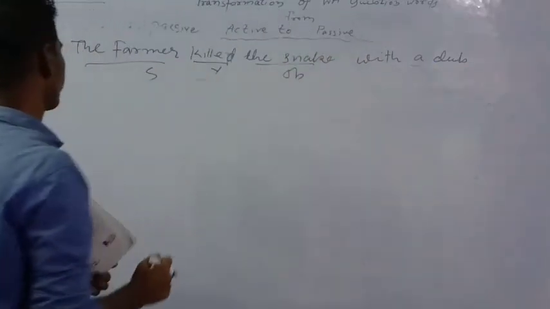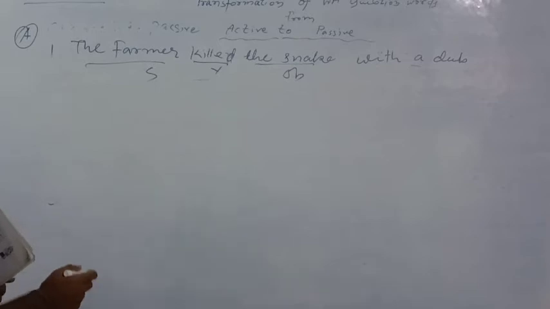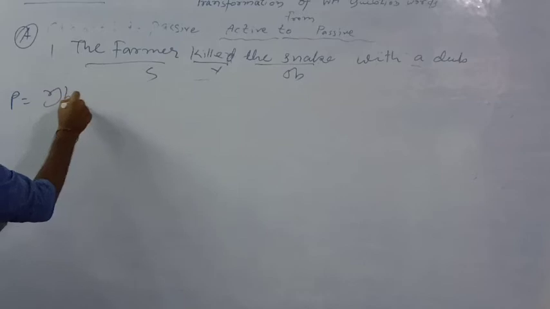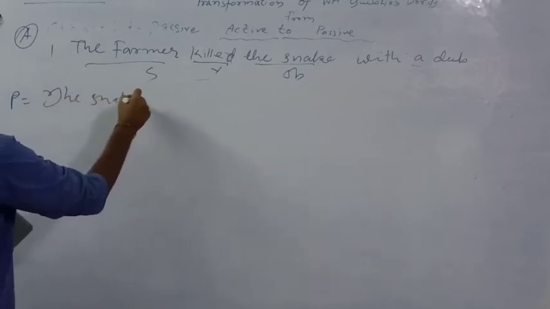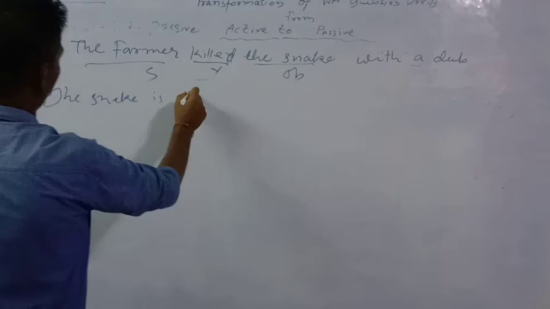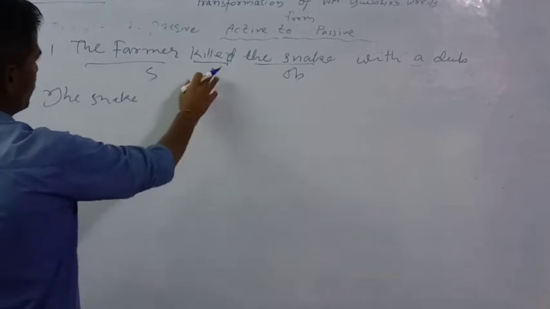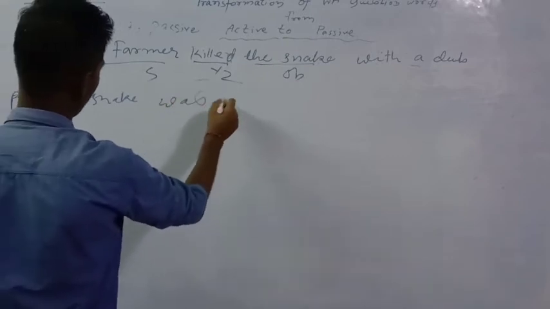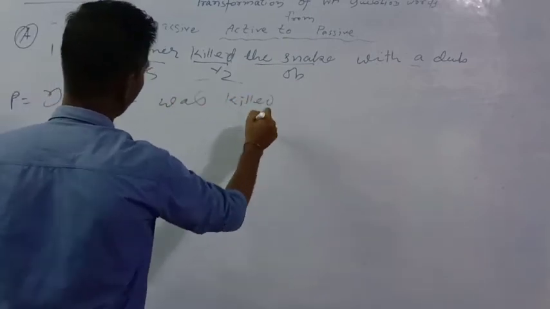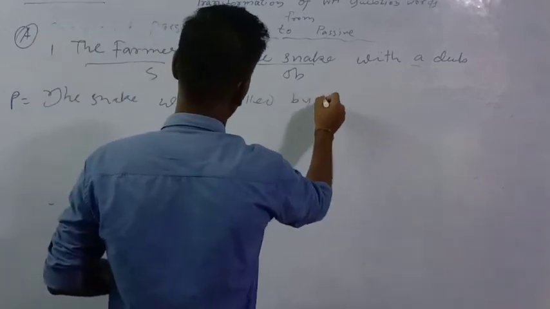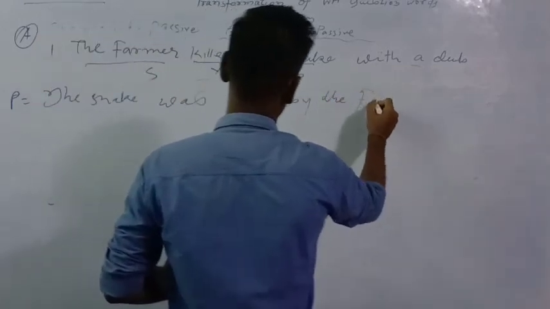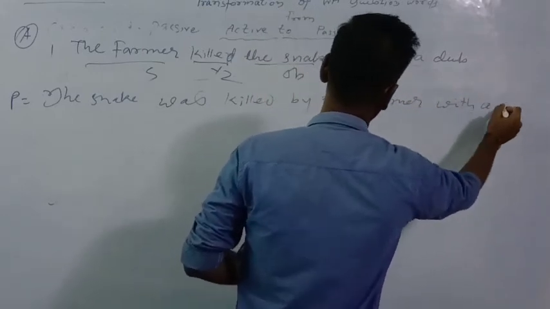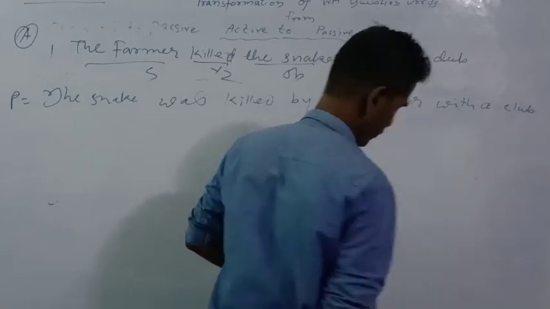Now see, passive: the snake, verb is killed, B2. Since here you've got B2, the snake was, then B3 killed by the farmer with a club.